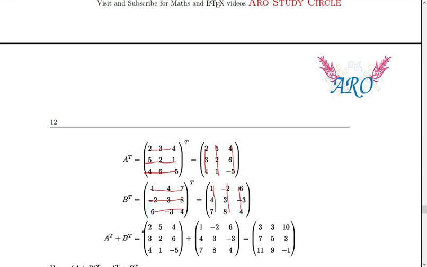That's A transpose. Then for B transpose, the first row becomes the first column, the second row becomes the second column, the third row becomes the third column. That's B transpose. Then A transpose plus B transpose equals this value: 2 plus 1 is 3, 5 minus 2 is 3, 4 plus 6 is 10, and so on. Okay, this is A transpose plus B transpose.